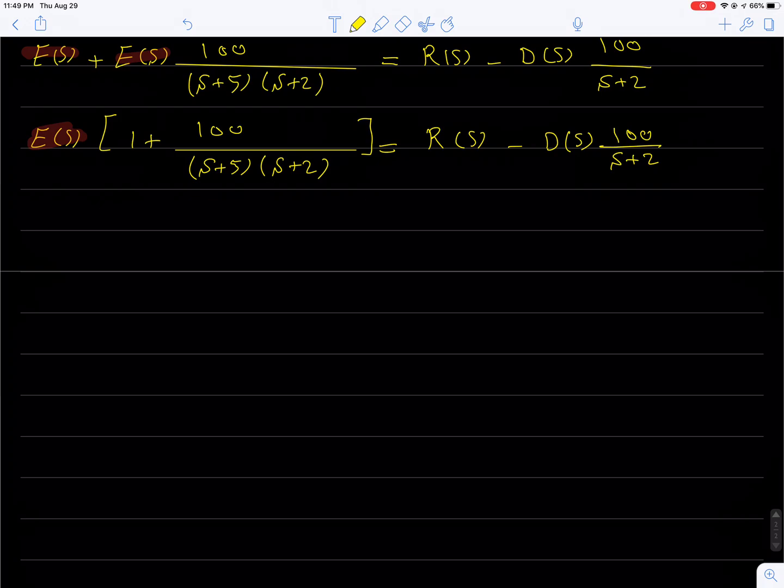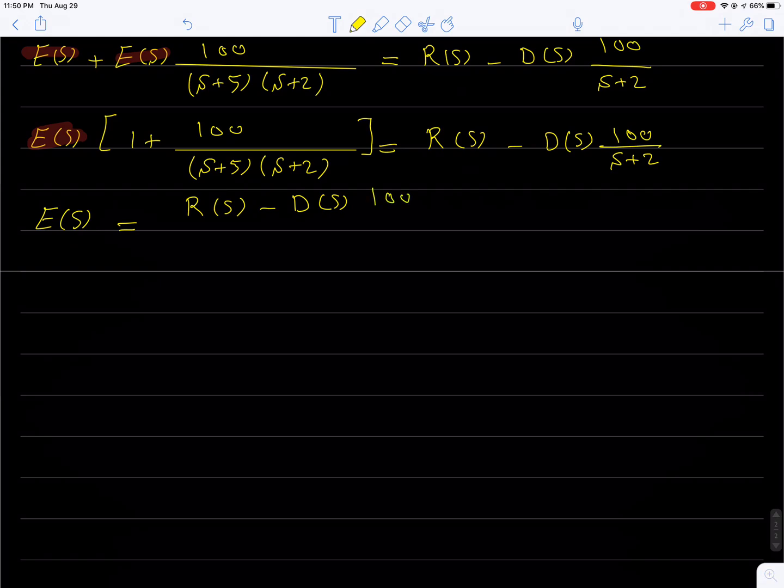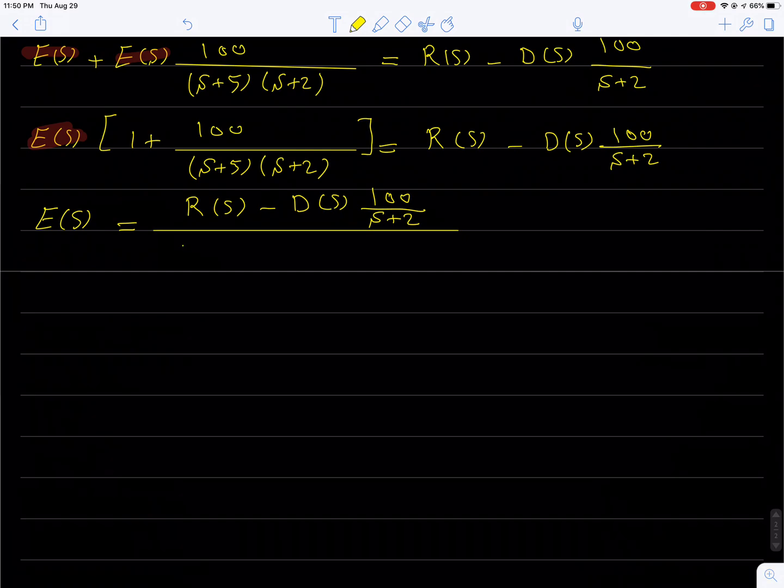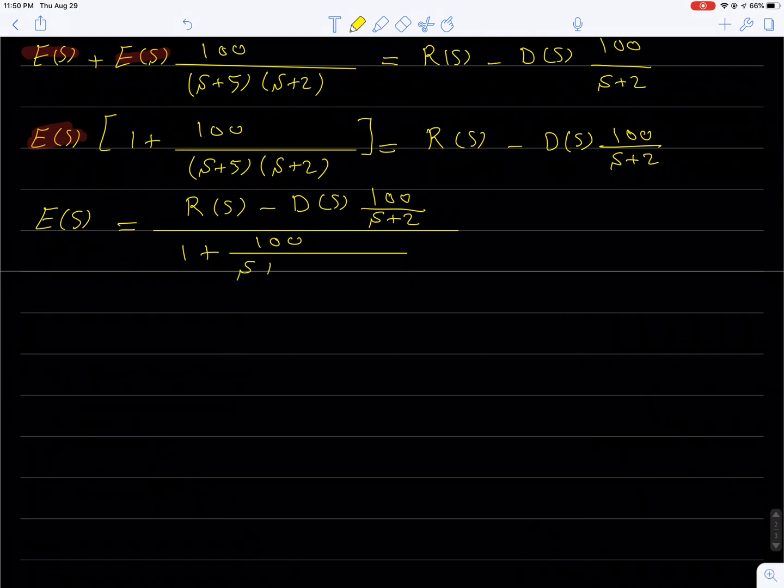E of S is equal to R of S minus D of S times 100 over S plus 2, divided by 1 plus 100 over S plus 5 times S plus 2.